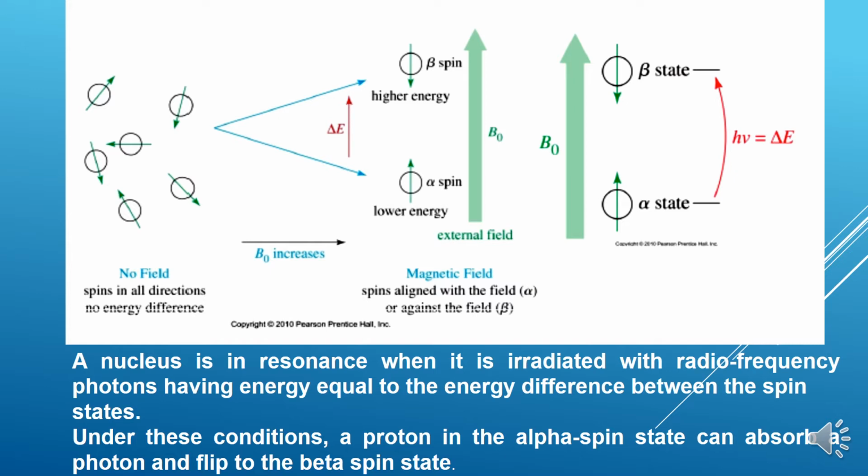If we supply the required energy to the spins, they flip to the beta spin state.